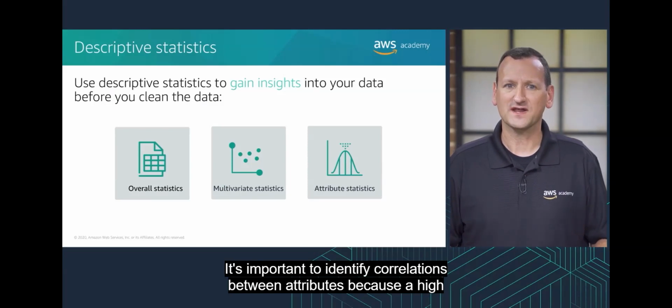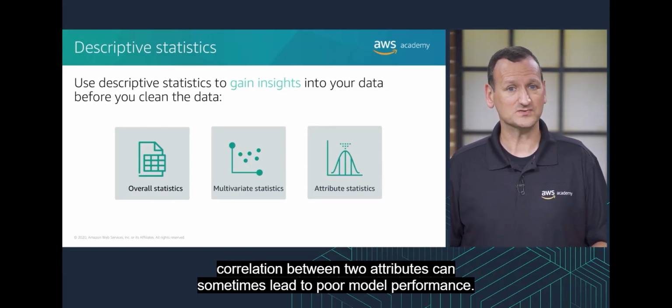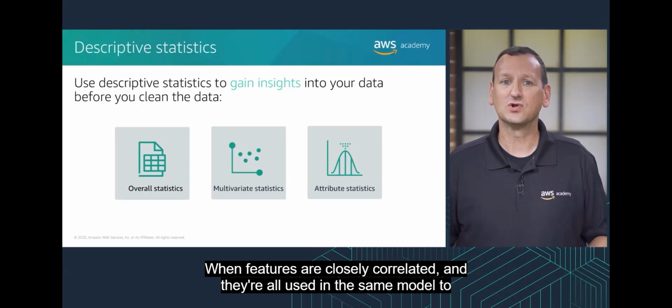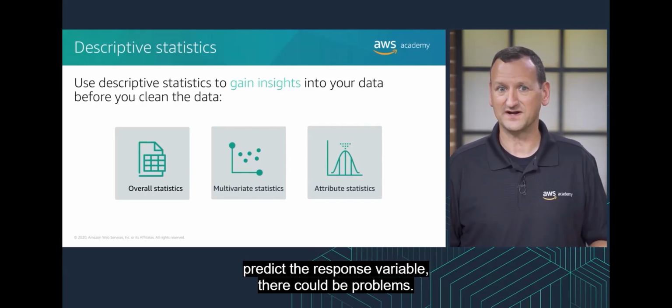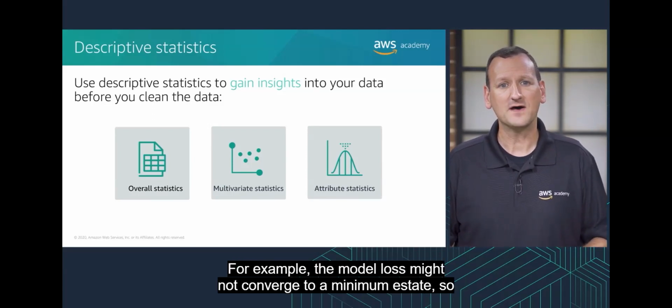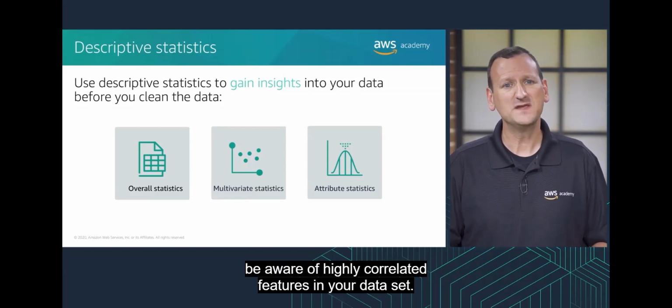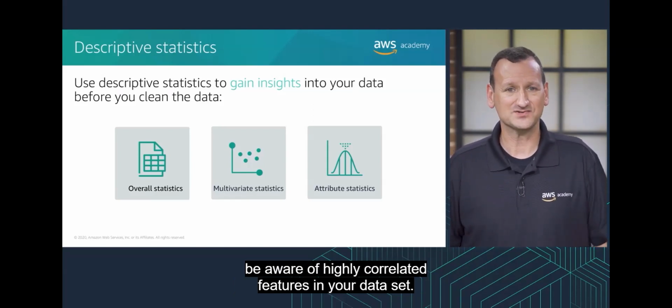It's important to identify correlations between attributes because a high correlation between two attributes can sometimes lead to poor model performance. When features are closely correlated and they're all used in the same model to predict the response variable, there could be problems. For example, the model loss might not converge to a minimum state. So be aware of highly correlated features in your dataset.